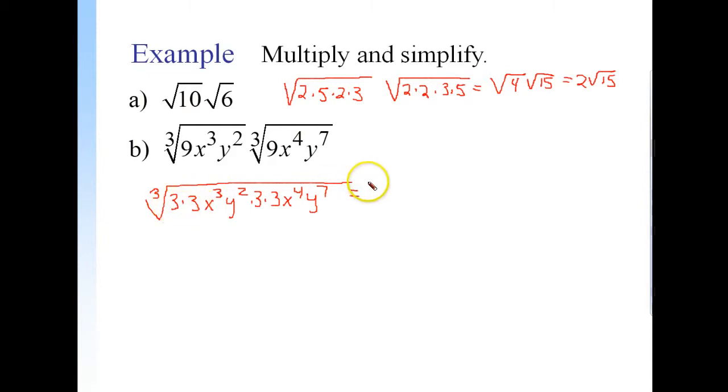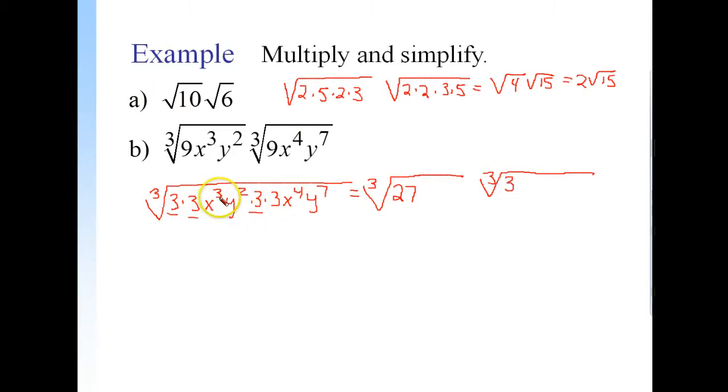So let's get all our perfect cubes under one radical, and then whatever's left over we'll put under the other radical. So I have 1, 2, 3. That's going to be 27. And then there's 1, 3 left over.